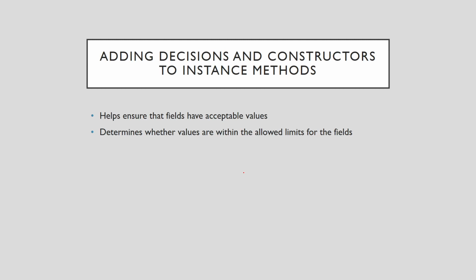Okay. Now, decision making logic can be added to statements within the methods of classes and objects, of course. For example, adding decisions to constructors and instance methods, like verifying the pay rate for each of the employees.